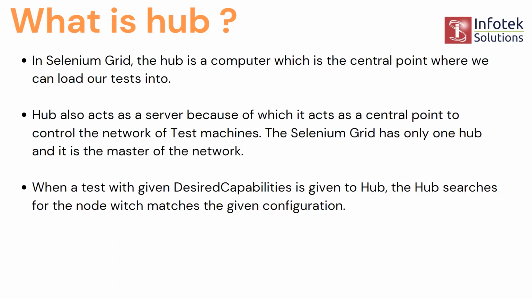So when a test with a given desired capability is given to the hub, it searches for the nodes which match the given configuration. Now the thing here is, based on the desired capabilities, the hub is a server that's present in one system.